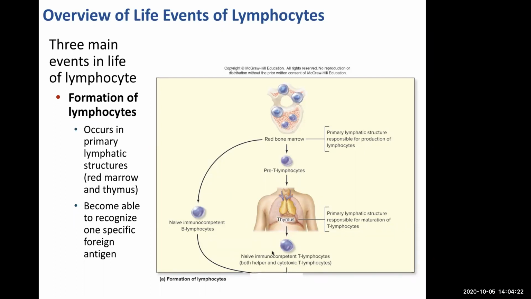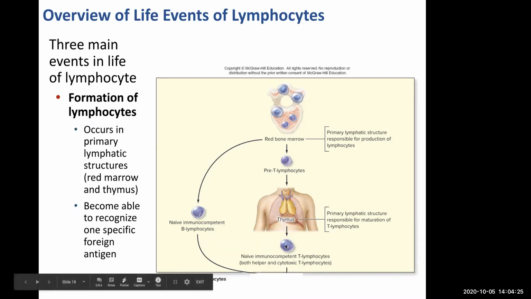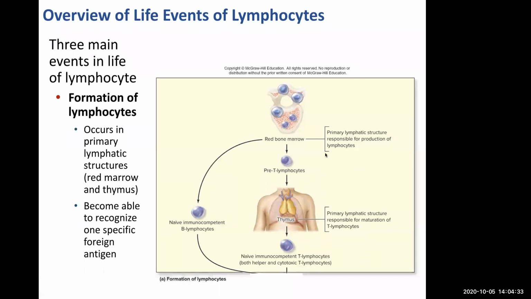So, like I said, here are those words: naive and immunocompetent. When B cells leave the red marrow, they're going to be naive and immunocompetent, and they're going to migrate to the secondary lymphatic structures to await exposure to their antigen.